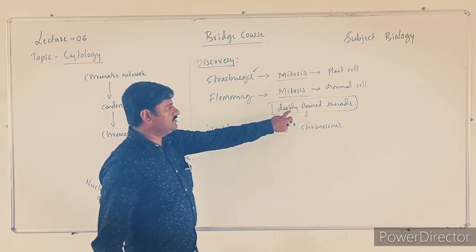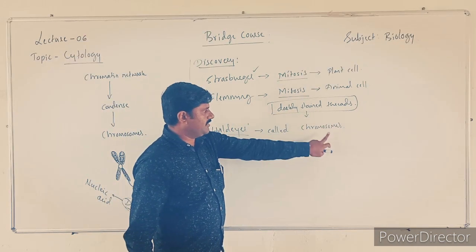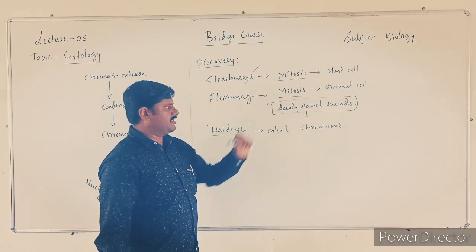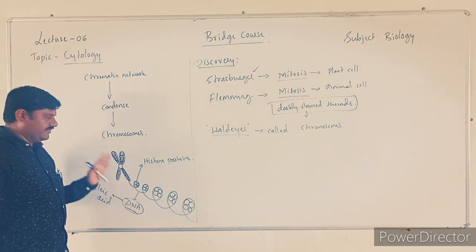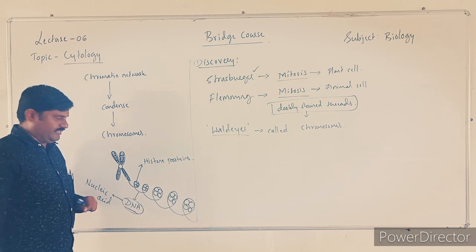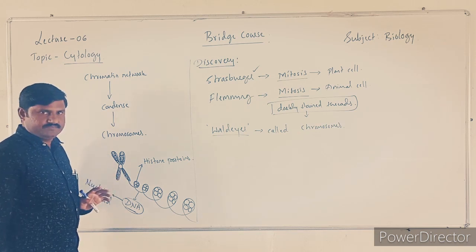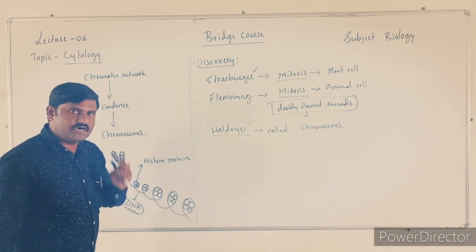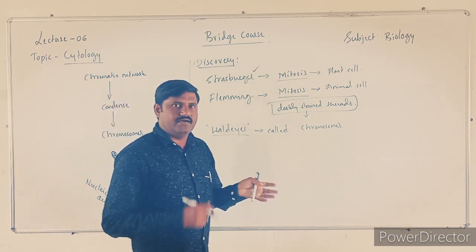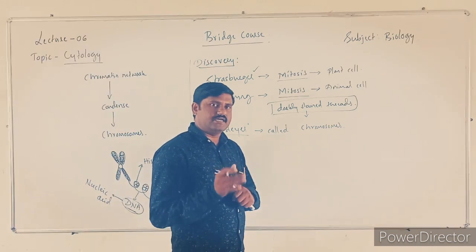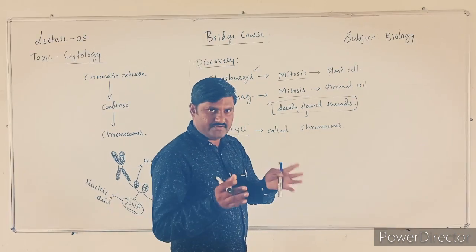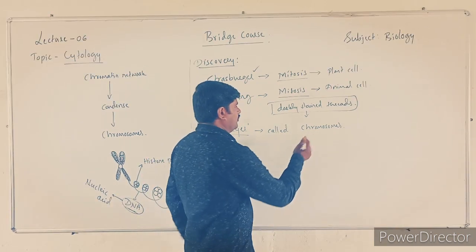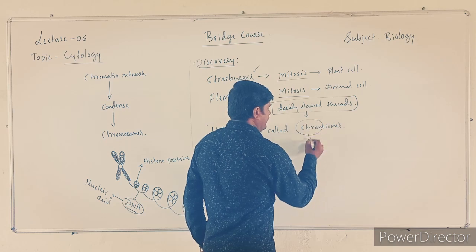Why he called these darkly stained threads chromosomes is because when these were given the stain, they absorbed that stain and looked darkly colored. Hence he named them chromosomes. Whenever we analyze the meaning of chromosome, chroma means color.